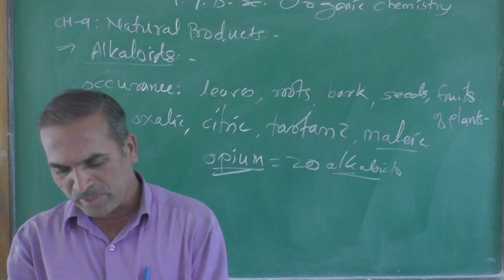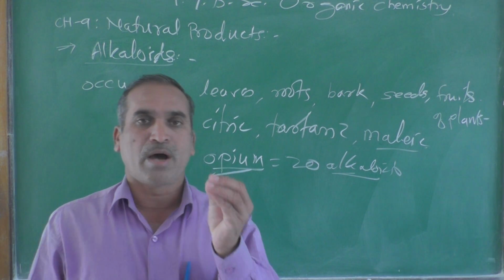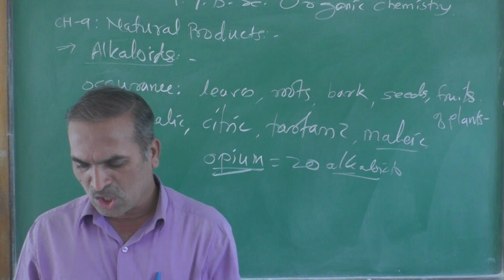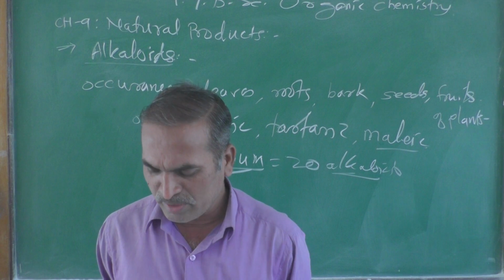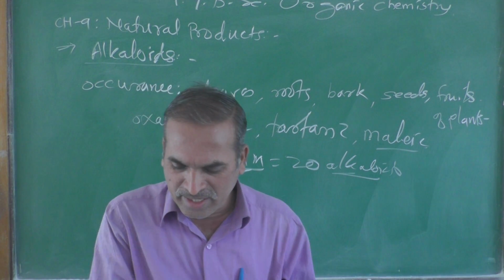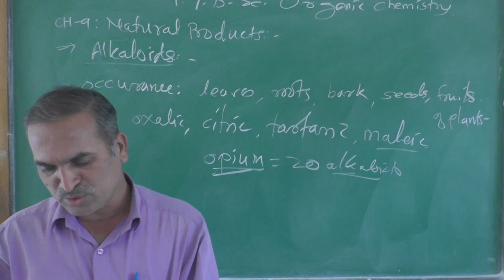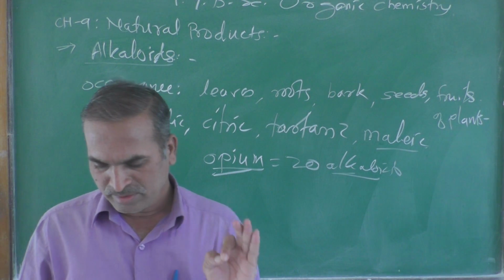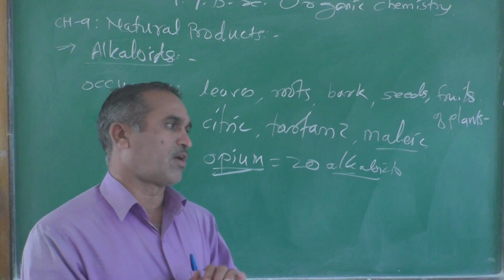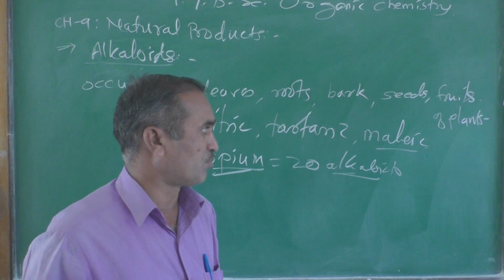For example, osmium contains about 20 different alkaloids. The alkaloids present in one plant are generally closely related in chemical constitution and properties. So this is all about the introduction of alkaloids we have seen over here.